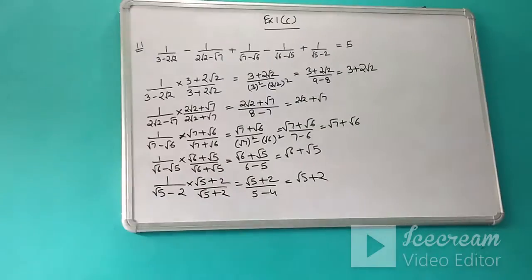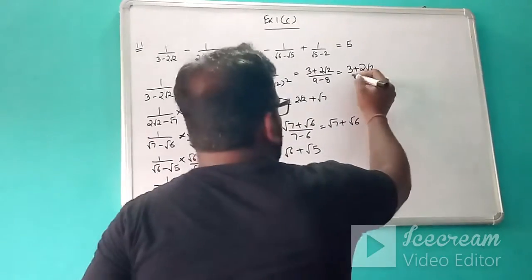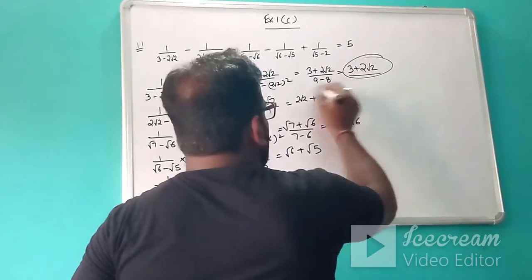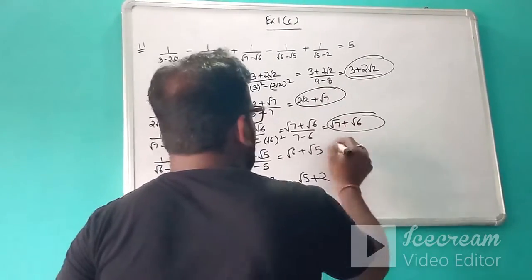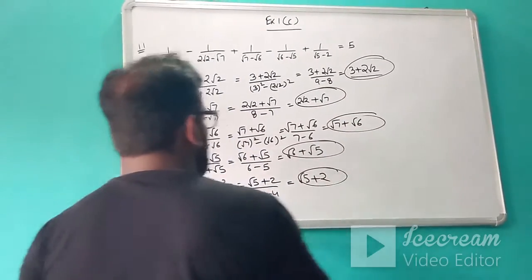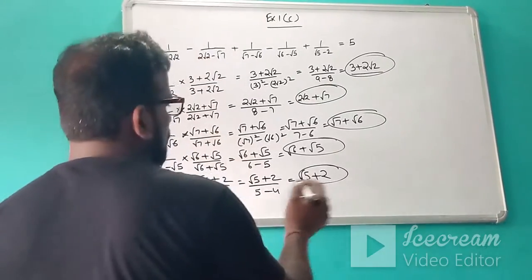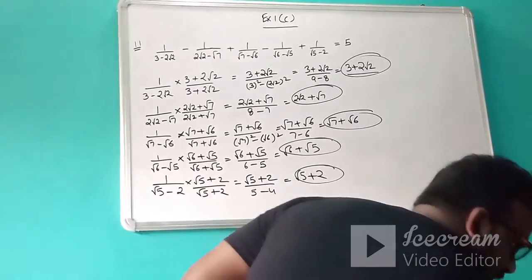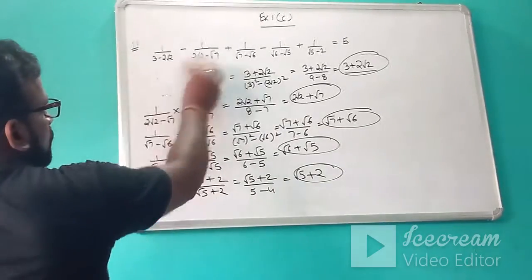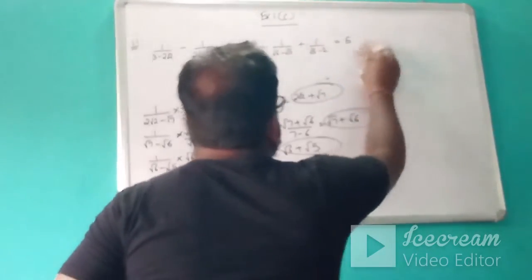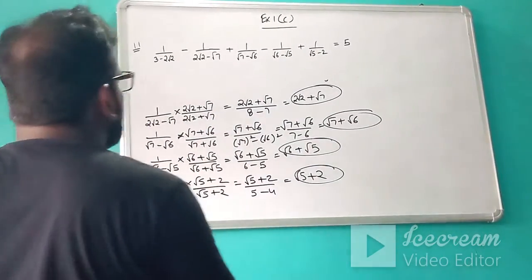Okay, so in this manner we have simplified the values and we got these values now. So now we will do the question using these values only. So we will start putting these values in this. Let's see what we will get.